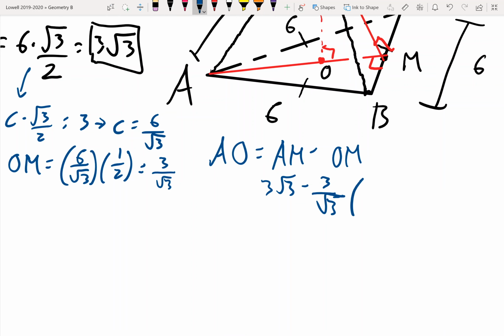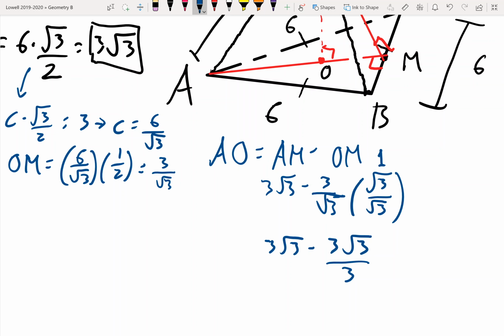So how would I do that? Well, I need to get rid of that root 3 in the denominator, so I'll multiply by root 3 divided by root 3. Again, this is really just a big 1, so that's why it's okay to do this. 3 root 3 minus, let's see, what will this be now? This will be 3 root 3 again on top, and on the bottom it'll be divided by 3, because the square root times the square root just undoes the square root.